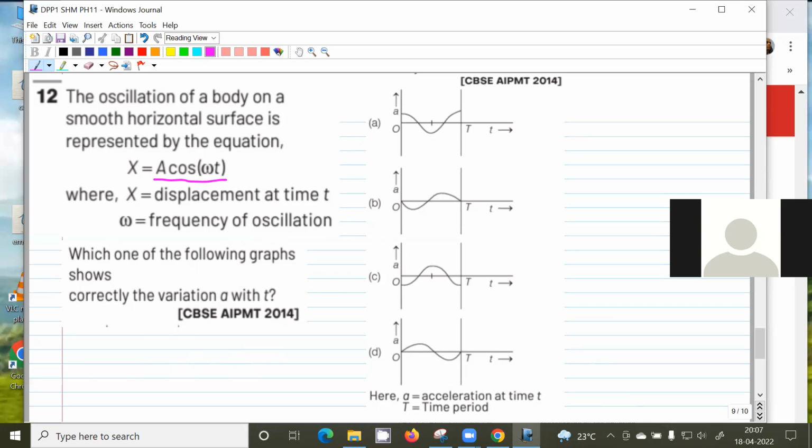If you put t equal to 0, what will you get for x? Maximum. So initially it's at the extreme position. At the extreme position, what is the acceleration? Its magnitude is maximum, and it is negative. So option C is our answer.